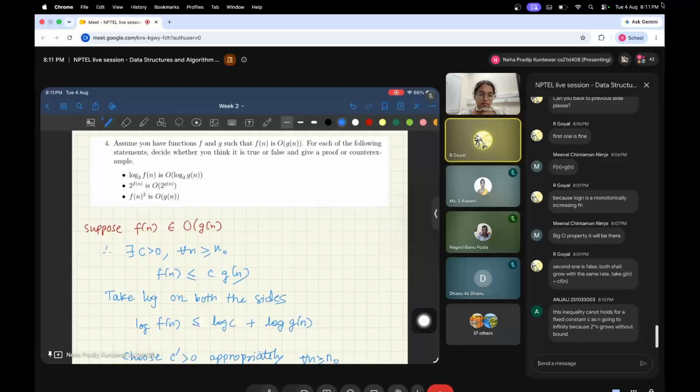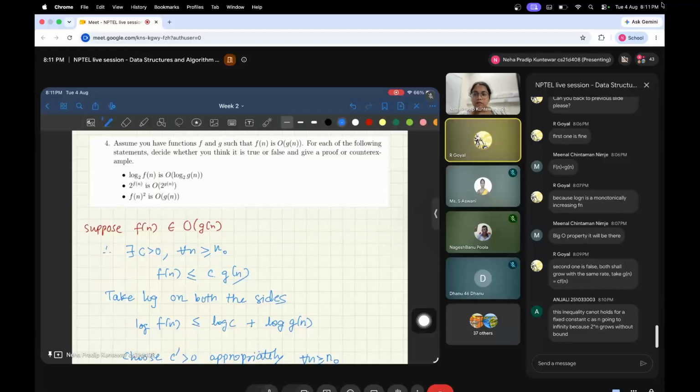My only point here is that when we take 2 raised to the power something, then 2 raised to the power g of n will become what? 2 raised to the power c multiplied by 2 raised to the power f of n. And because every function is bounded by itself, in that sense, big O is true, as well as big theta.